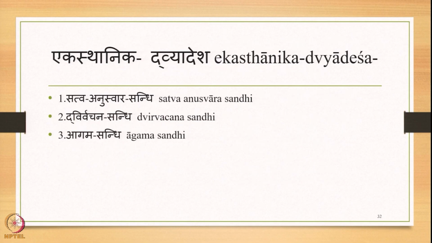Ekasthanika Dvyadesha have these three instances: Sattva Anuswara Sandhi, Dvirvachana Sandhi, and Agama Sandhi. These are the three instances of Ekasthanika Dvyadesha.